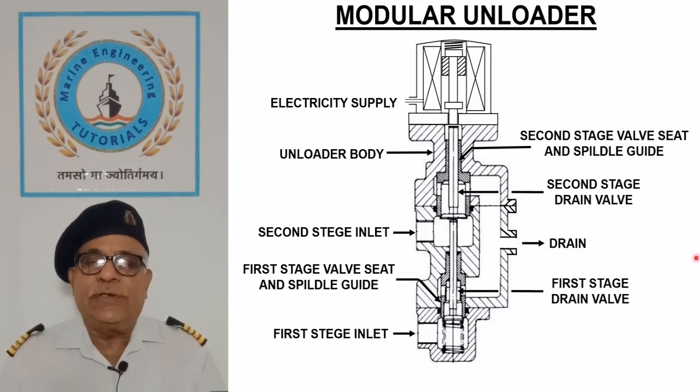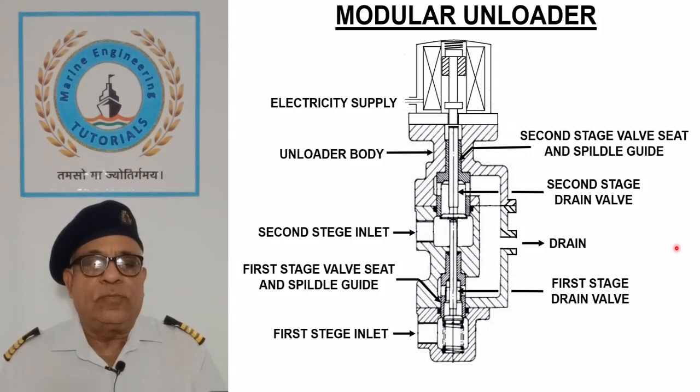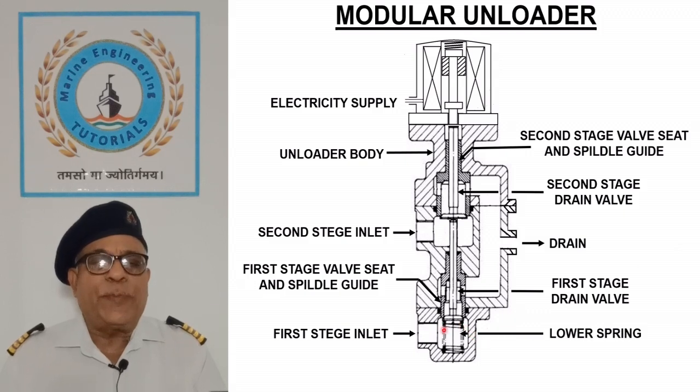First and second stage drain valves remain seated when the compressor is in working condition, as shown in sketch, thus preventing the drain of compressed air from respective stages. Lower spring keeps the drain valves for both stages closed.